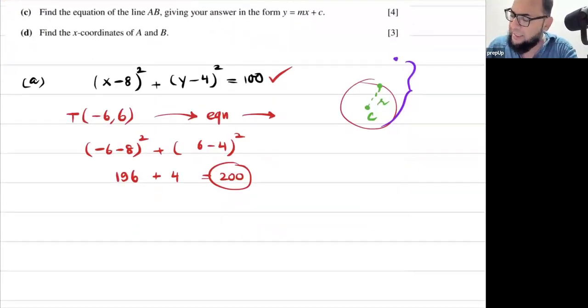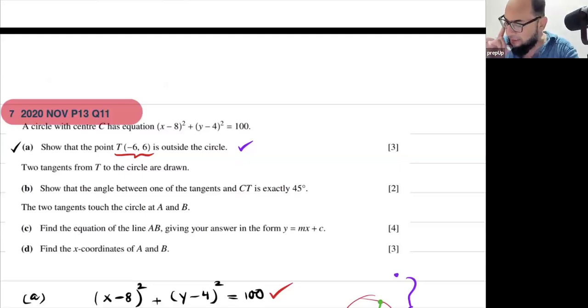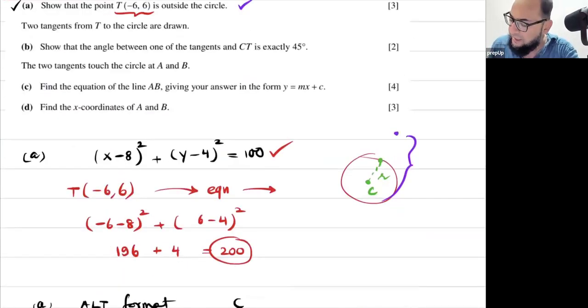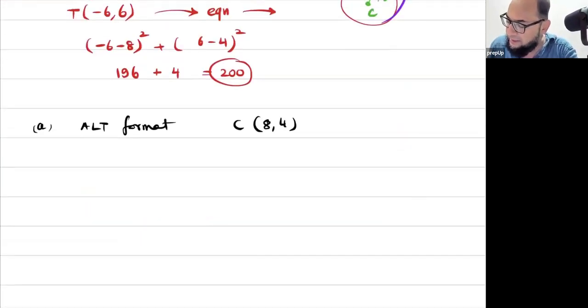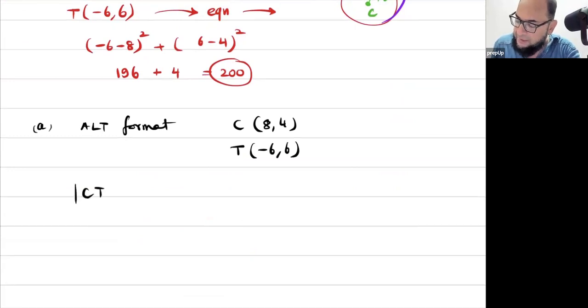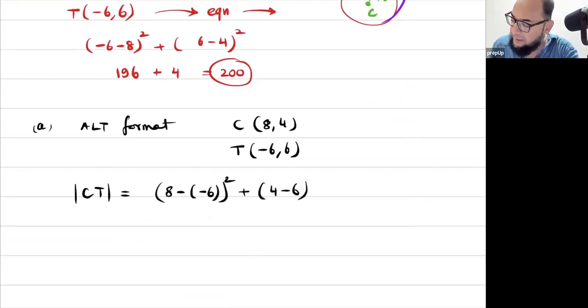Let me also illustrate in another way. So part A, alternative format. We know that the center C is 8 and 4, and we know that this point T is negative 6, 6. Let me calculate this distance. That is (8 minus negative 6) the whole thing square, and (4 minus 6) the whole thing square, under root.